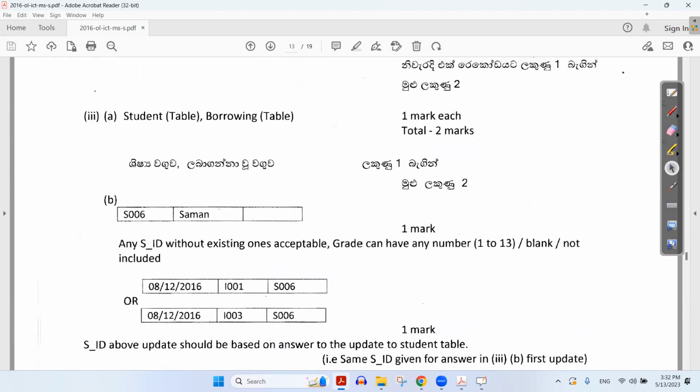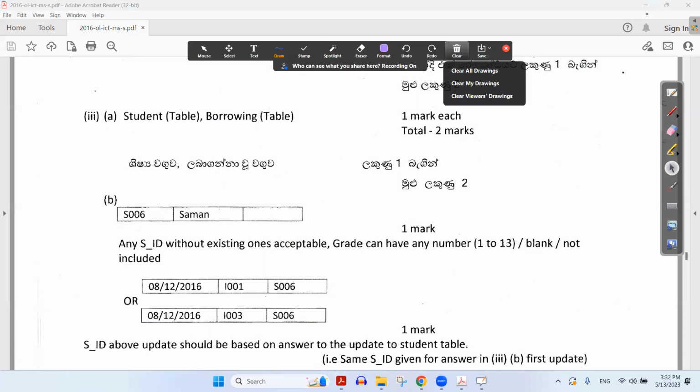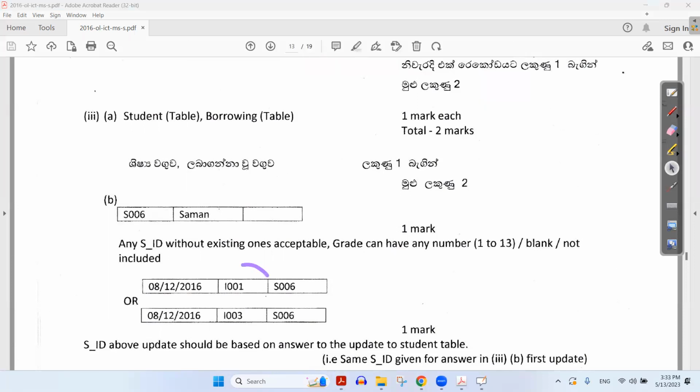Right. And yeah, the part B, this is the way it has been taken, like they say any SID can be used. So either you can go with I001 or with I002.